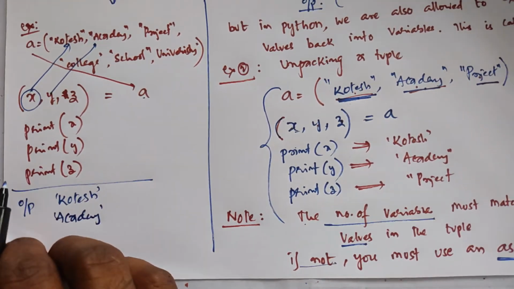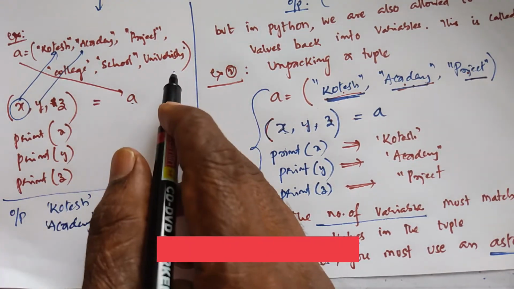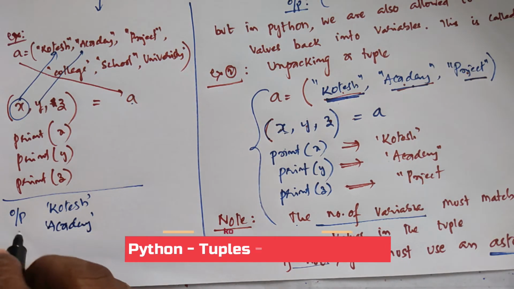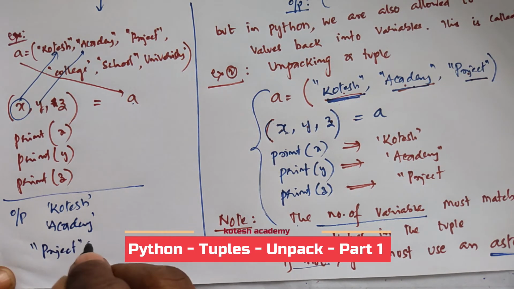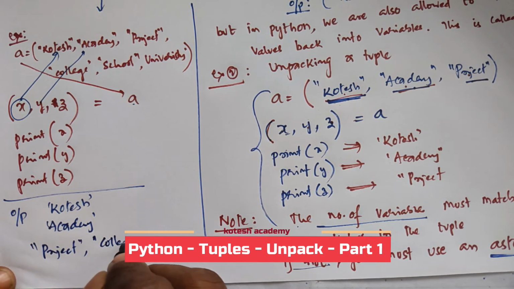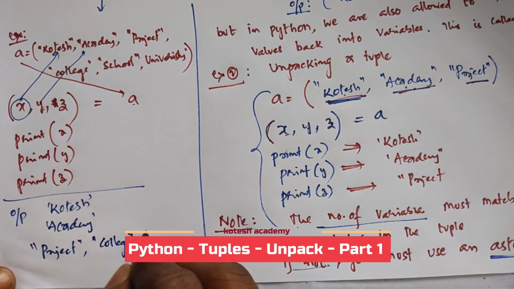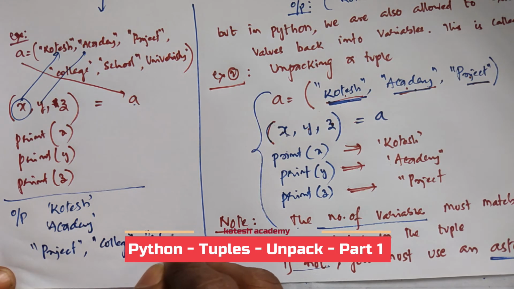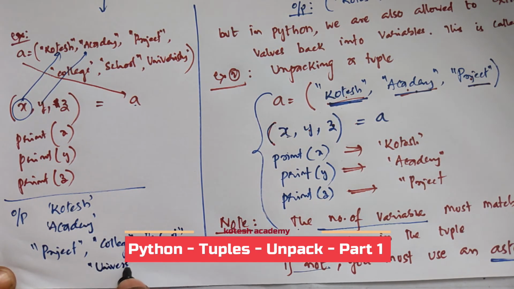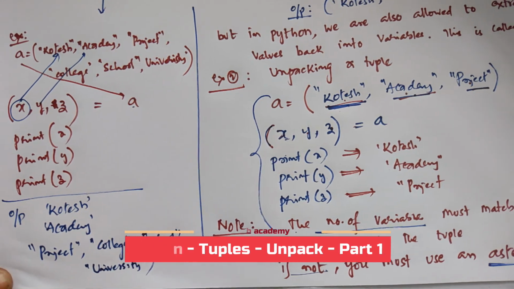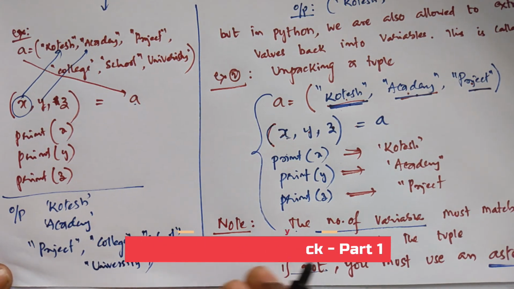Next, for the z value, all the remaining items are stored in z. That's why you get project, college, school, and university. Like that you get the entire data.